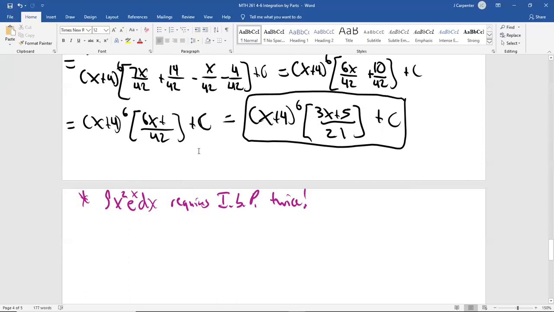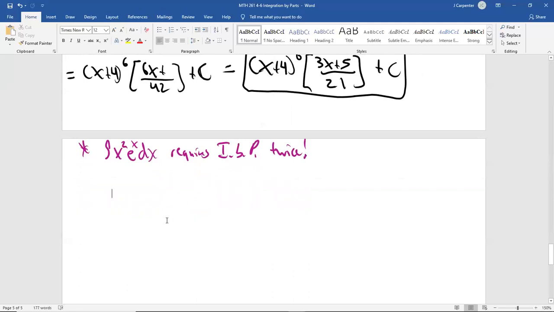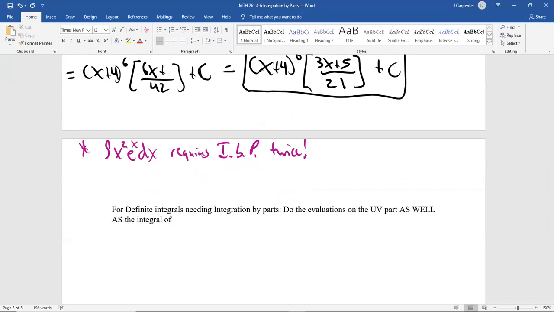Okay, so those were all indefinite integrals. We've also seen definite integrals, so what do we do with definite integrals needing integration by parts? Do the evaluations on the uv part as well as the integral of v du.